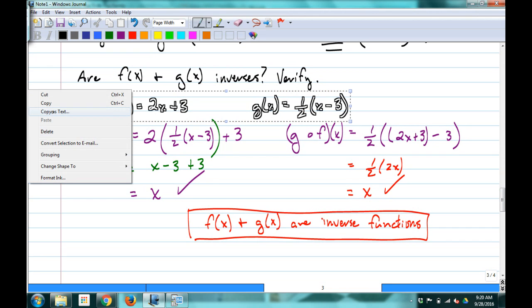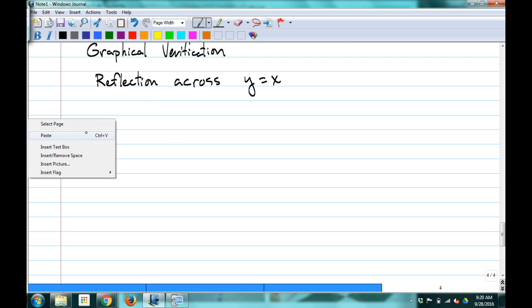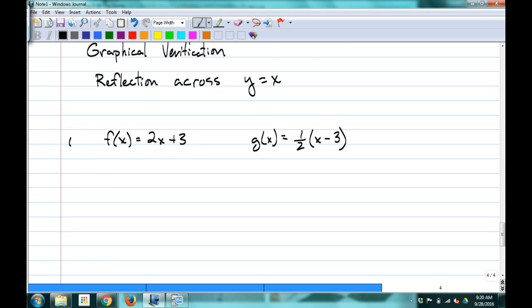And let's look at their verification graphically. I'm going to graph each of those on the coordinate plane, using my calculator.